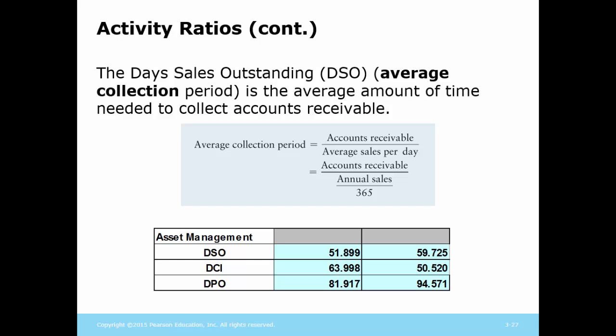Now imagine if this number was in the hundreds of millions of dollars of accounts receivable. Having even $10 million in accounts receivable outstanding for an extra 8 days is a tremendous loss in revenue for the company. So we want to obviously control receivables. We want to get money as quickly as possible.